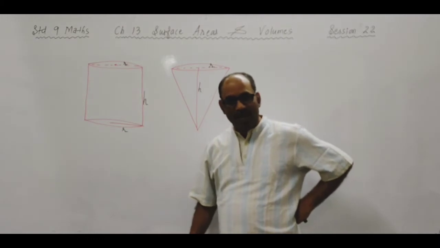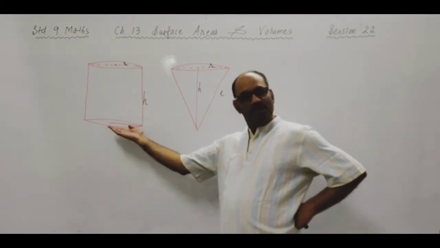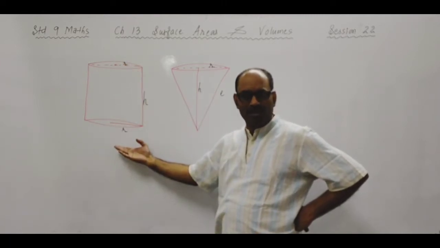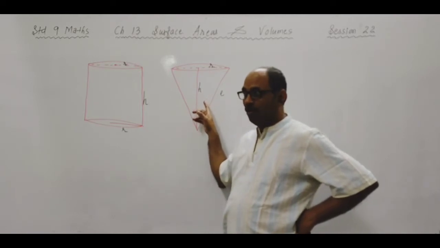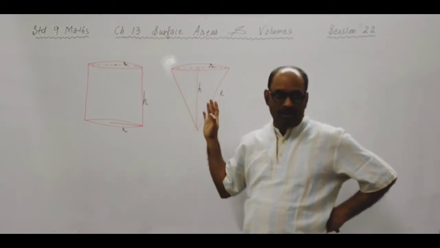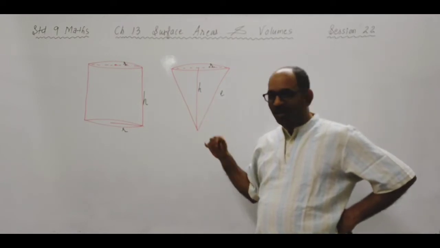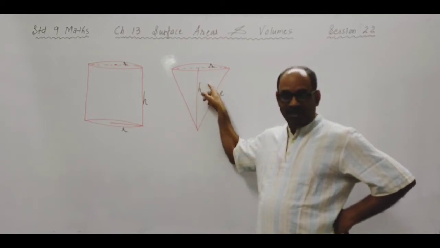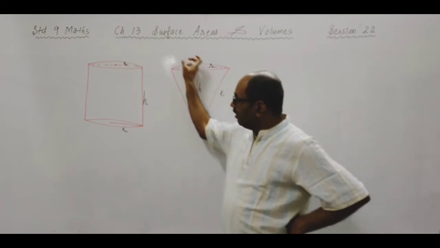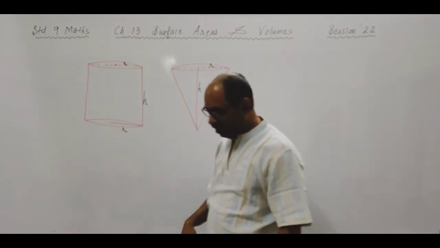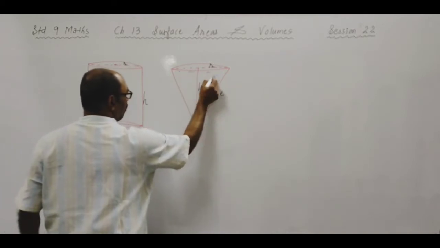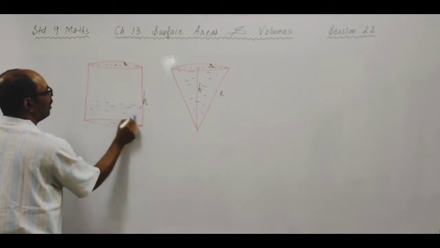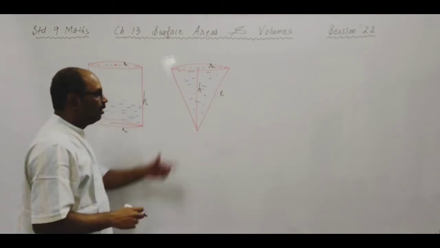Now what did mathematicians discover? Suppose the base is closed, top is open for the cylinder. It's a metallic cylinder with closed base, and this is also a metallic cone, which is hollow. It's not solid, it's hollow. Very interestingly, they filled this cone with water, and then they poured it into the cylinder. This became empty.